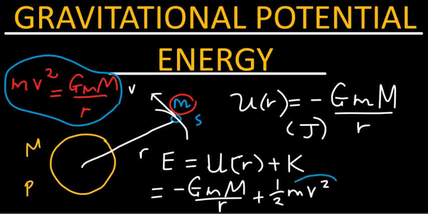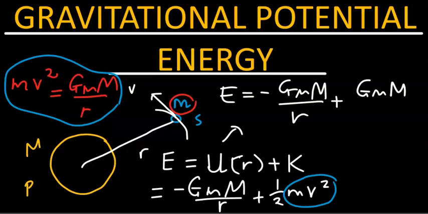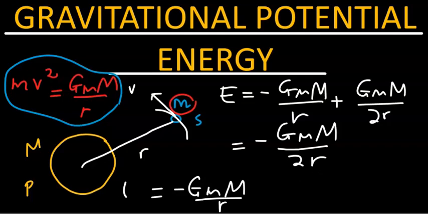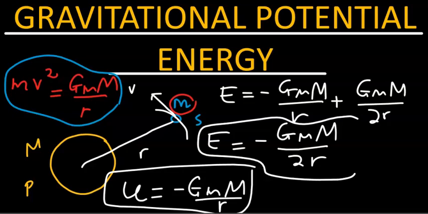Substituting this result inside the expression for E would give us the following important result: minus G, the product of masses, over r, plus G, the product of masses, over 2r, which gives us the final result as that. So in addition to the gravitational potential energy being this, another important expression is the expression for the total mechanical energy for a system such as the one shown here.